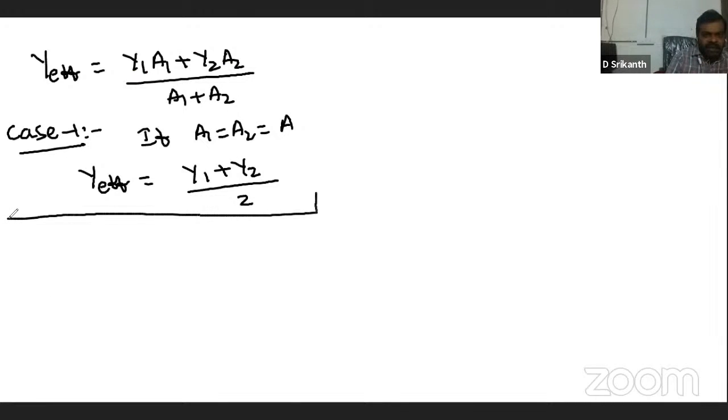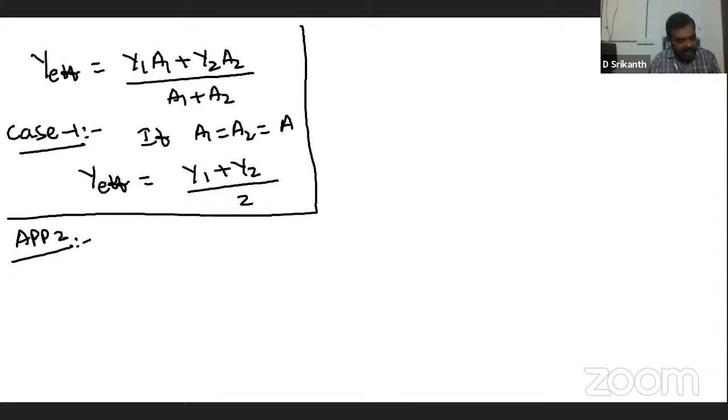We have another application, that is elongation of the rod due to its own weight. See that application.